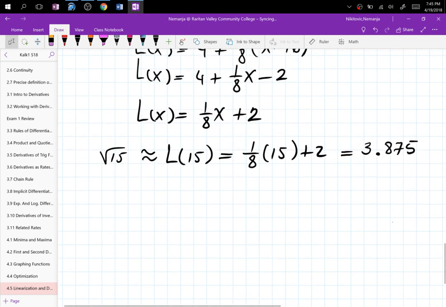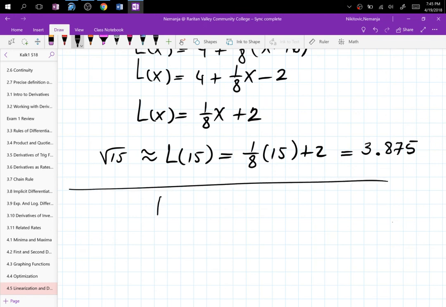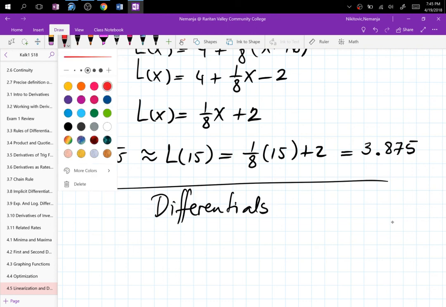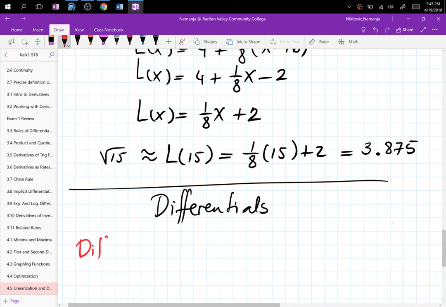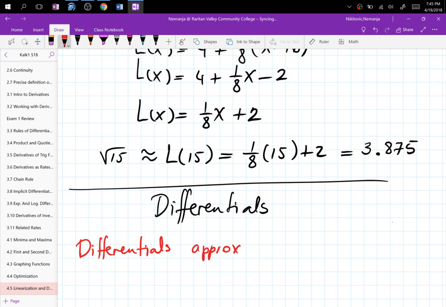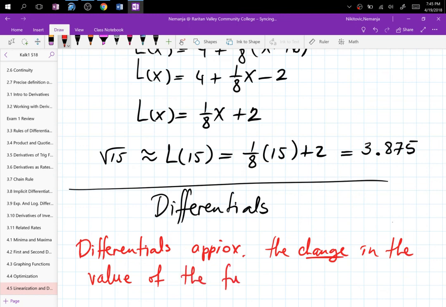Differentials, in red: differentials approximate the change in the value of the function.